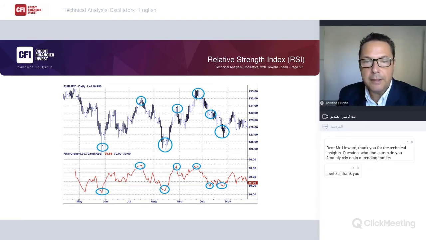First one, Euro-Yen daily. The market has been in a sideways range over this whole period. So for the most part, RSI is a good tool that one could use. So what we've got over this whole period is the market starts off initially, swings lower, corrects higher, swings lower again.